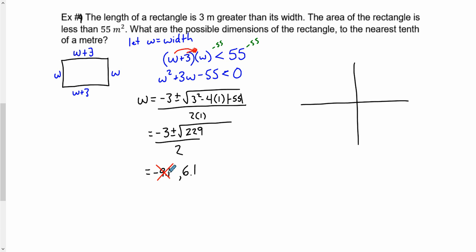So it does tell us exactly what our x-intercepts would be for this parabola: -9.1 and 6.1. The parabola, I'll just make it go further down because I know that my y-intercept would be -55. That's not important, but the sketch of the graph absolutely would be important.